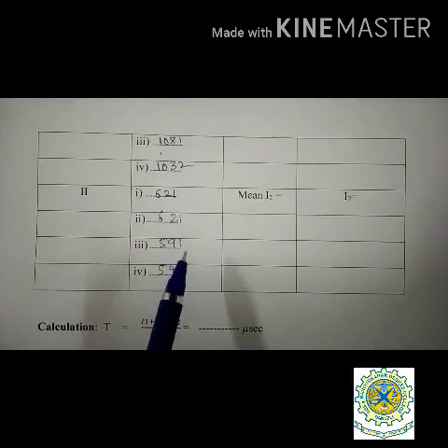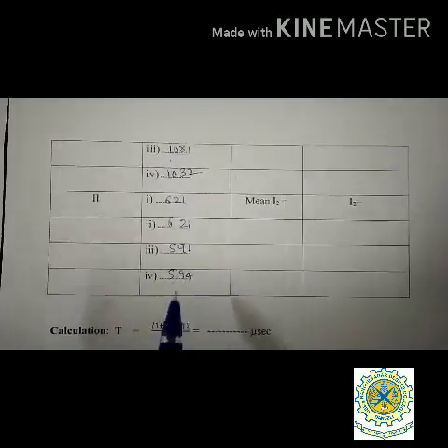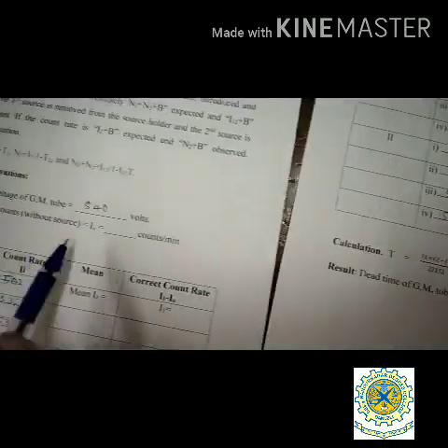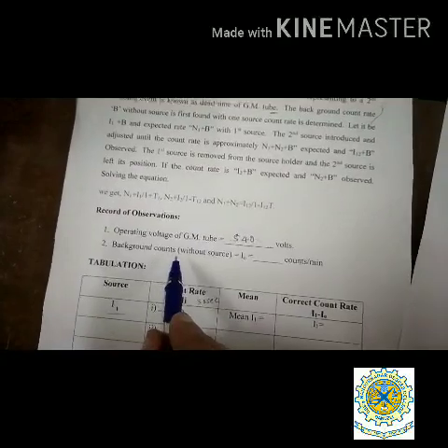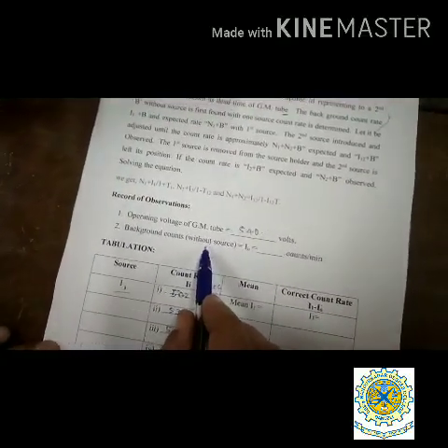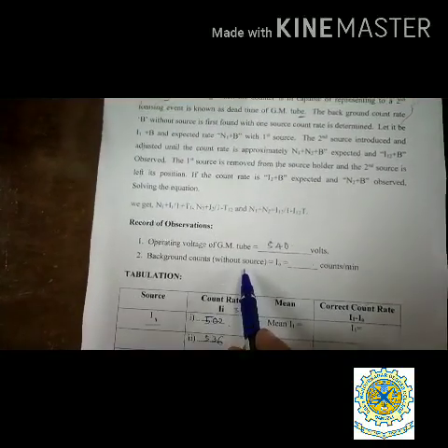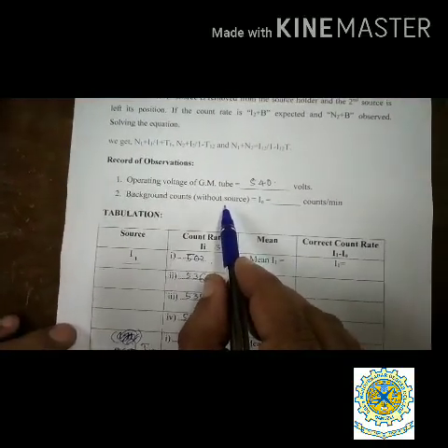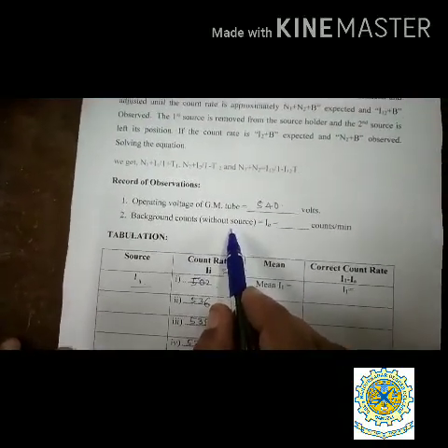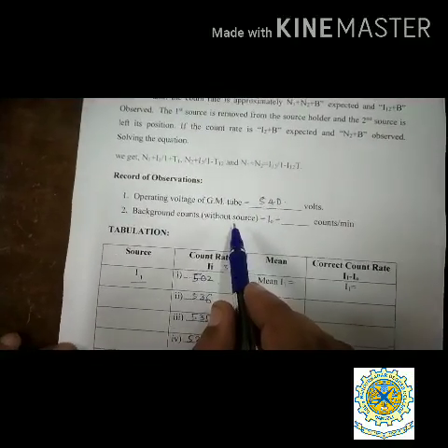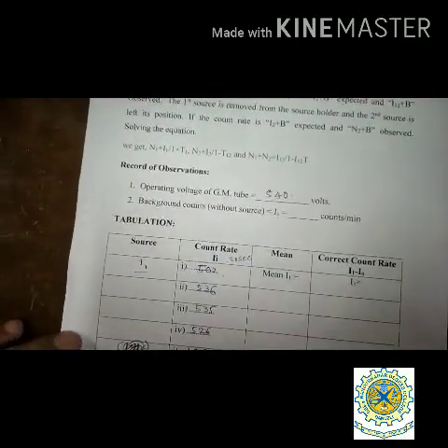Now, after mentioning all the data counts, I go for the background counts, which were measured initially. That is nothing but the counts without the source, which we get from the environment, cosmic rays or ionizing rays. Those rays without the sources are known as the background counts.